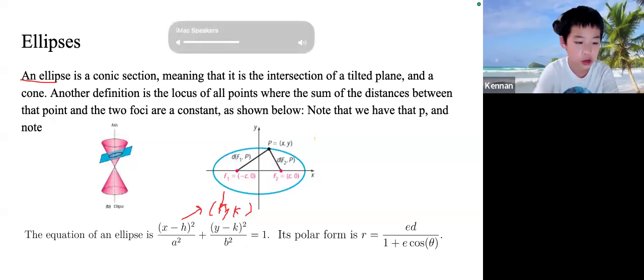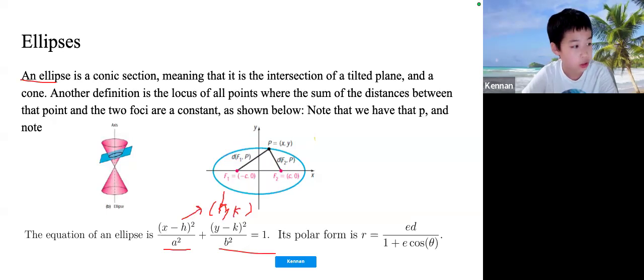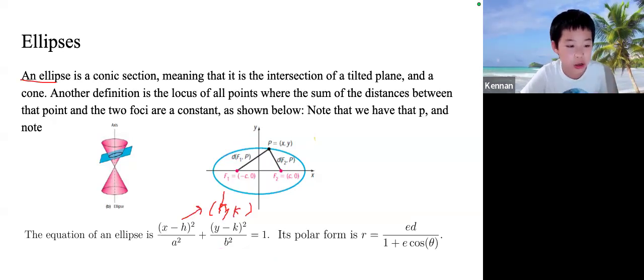So if this is our equation for the ellipse, this would mean this point is (h, k).